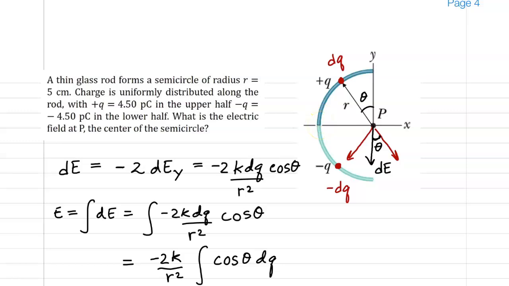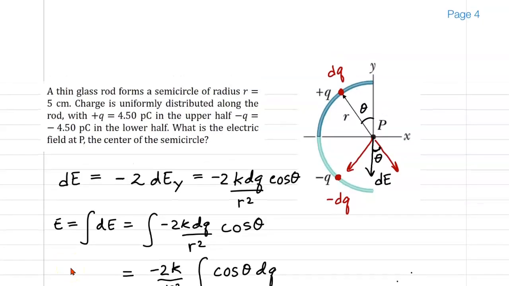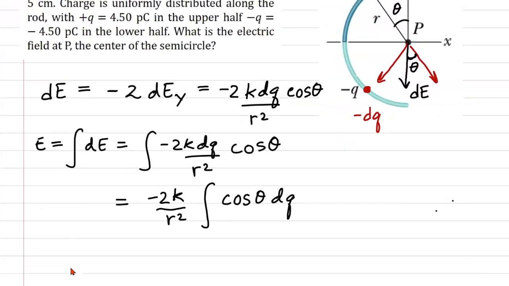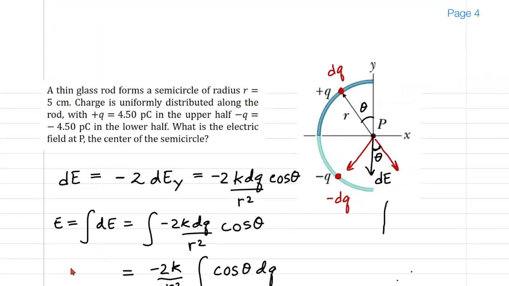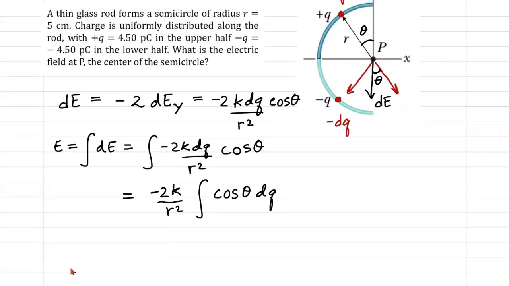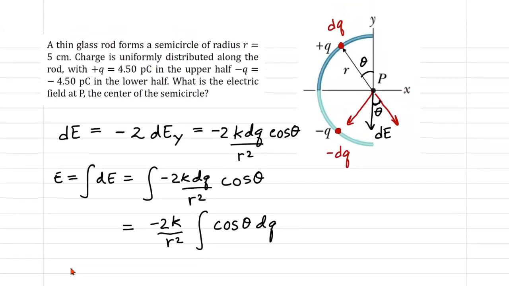Now, as is, we can't do this integral because we have two variables that are changing, theta and q, and we need to make them only one variable. So we have to find a way to write theta in terms of q or q in terms of theta. And we can do that because it's a uniform charge distribution.